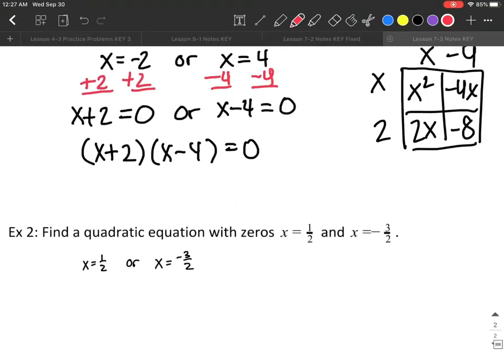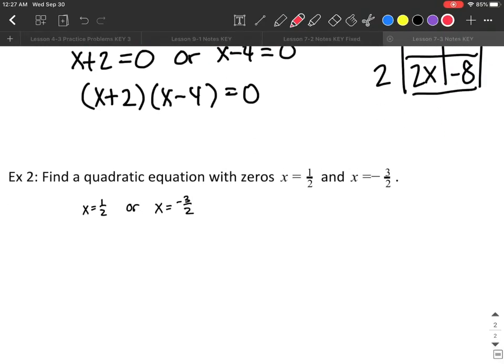First thing I want to do is I want to get two equations where 0 is by itself on one side. So for the left-hand equation, I'm going to subtract 1/2 to get 0 by itself on the right-hand side. And that's going to give me x minus 1/2 is equal to 0.